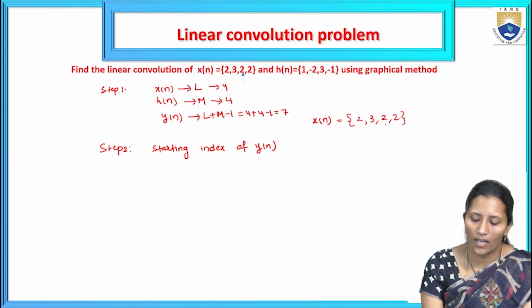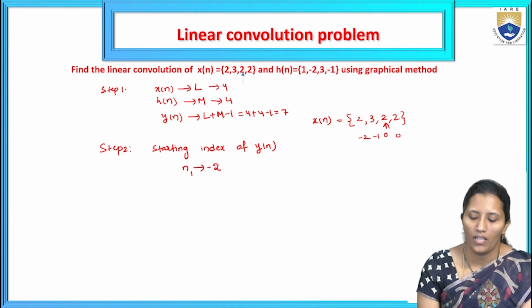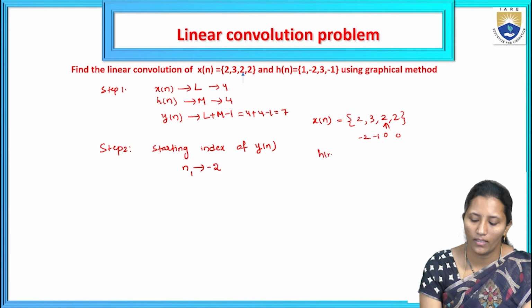So here this arrow mark indicates the 0th sample. So in the index, this is minus 1, this is minus 2, 0. So the starting index for x of n is minus 2, I am taking that as n1 equal to minus 2. And for h of n, we don't have any arrow mark, so the starting index I am taking is 0, that is n2 is 0.